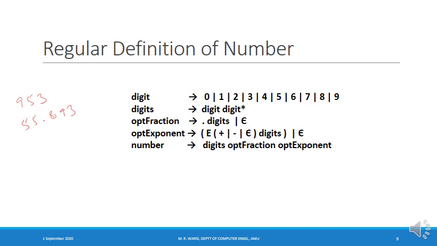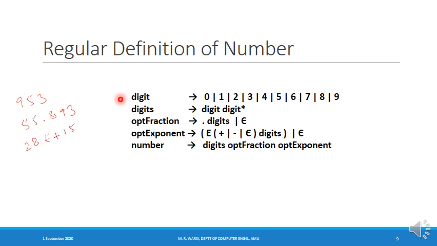Or I can write the number like this also, where I make use of exponential format. So for example 28 capital E plus 15. So here the number has been written using the exponential format. The regular definition should be such that it covers different ways of writing the number.